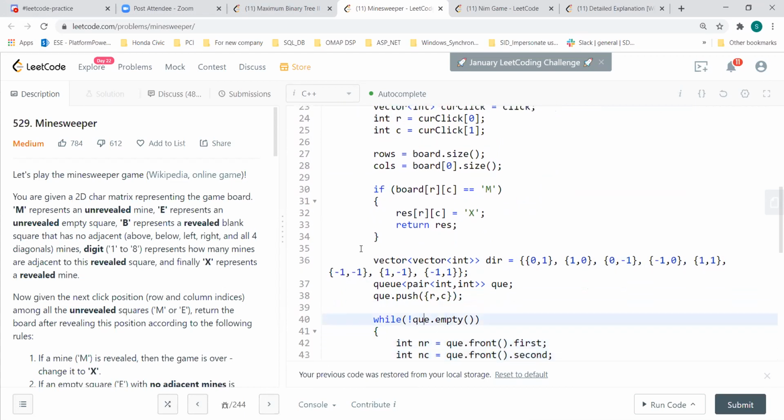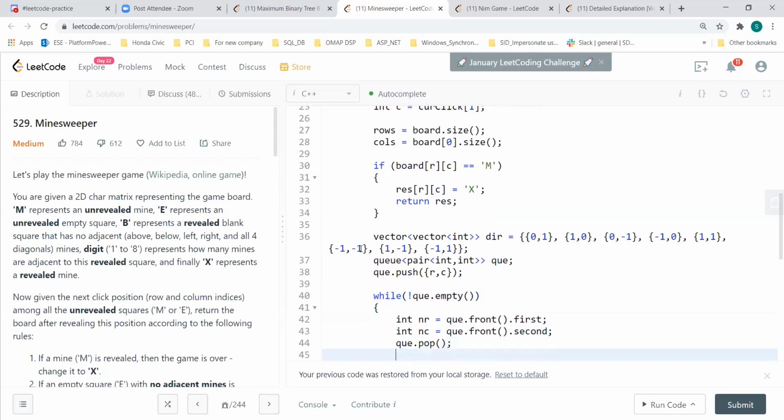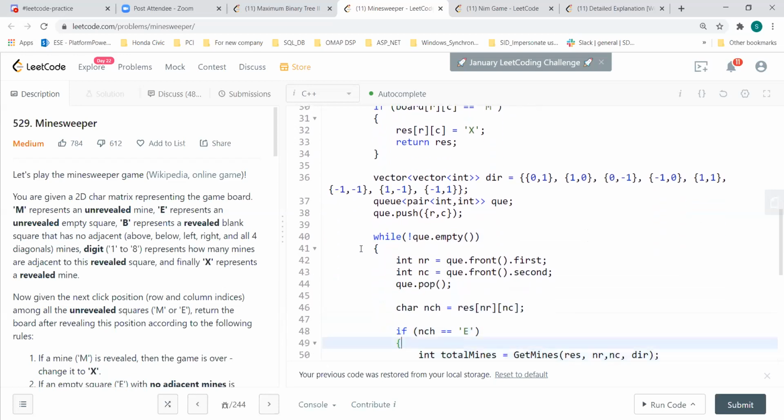If you start with the BFS, you take out whatever is there and look at what the character is. If the character is E, I know that it is an unrevealed, non-mine position. So when it is not a mine position, I have to look at the neighbors of each and find out if there are mines.